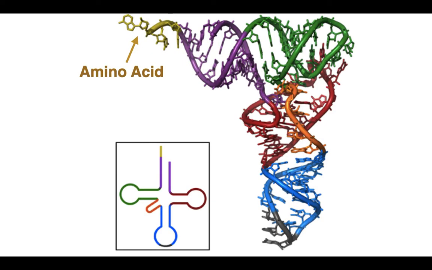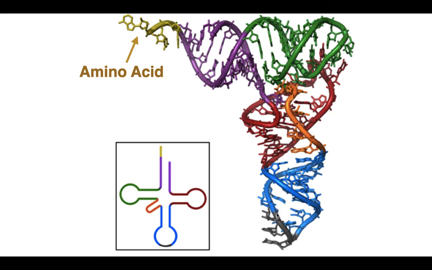Seems a little crazy, but if we take a look at a more clearer visualization here, what we have is that same image that we just were seeing, but now we've color-coded the different pieces so that we can see how these different nitrogenous bases are binding together and forming bonds with each other.